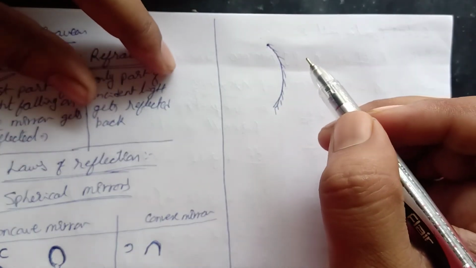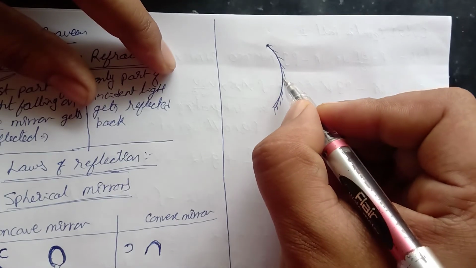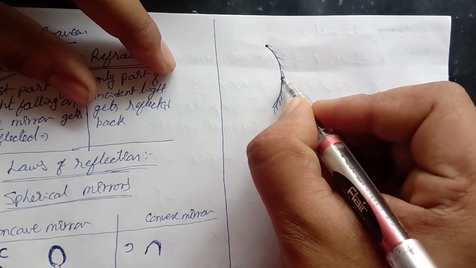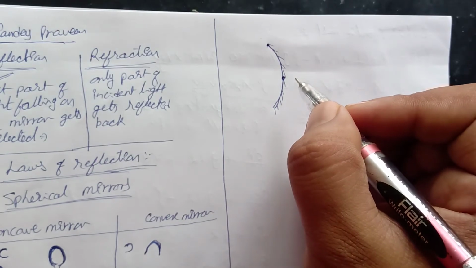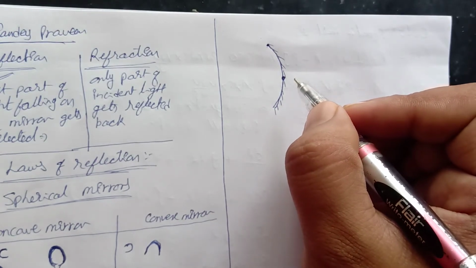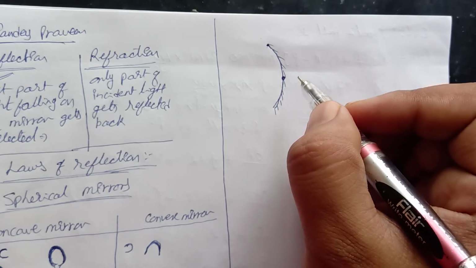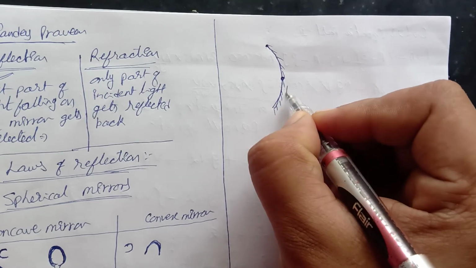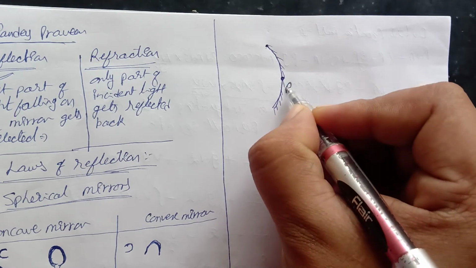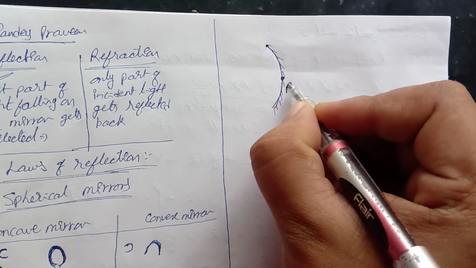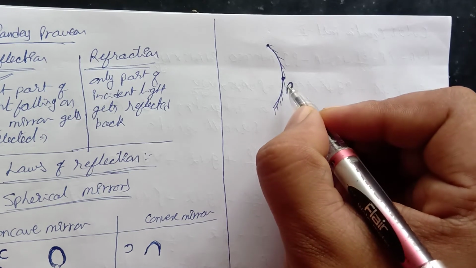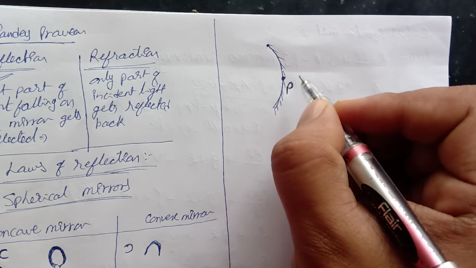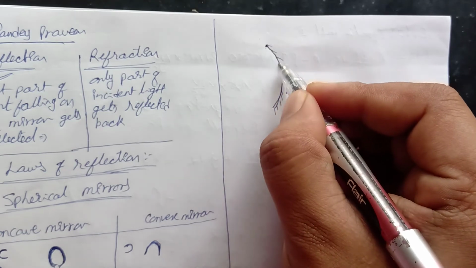This has a point P, which is the center of the reflecting portion, and it is called the pole. The center of the reflecting surface of a spherical mirror is called the pole, and it lies on the surface.